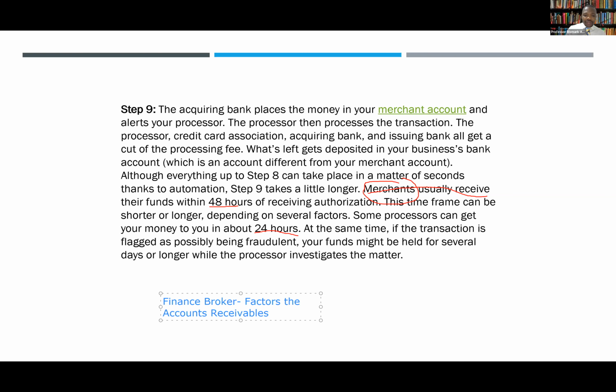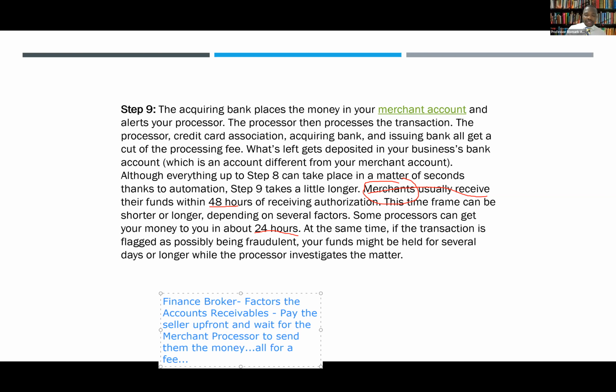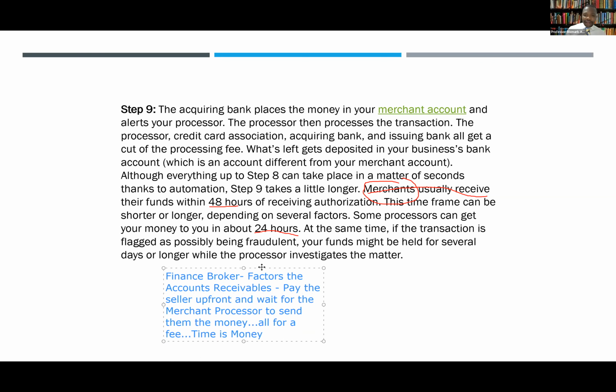So for those that are into accounting, and then pay the supplier, the seller upfront and wait for the merchant processor to send them the money, all for a fee. As you know, we always say time is money. That has to be provided there.